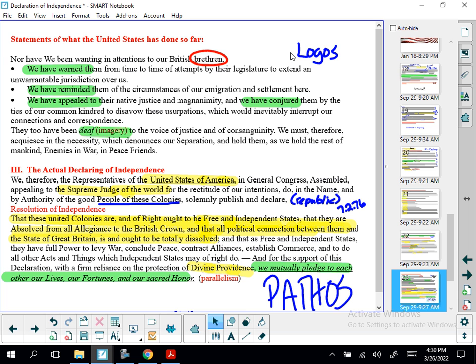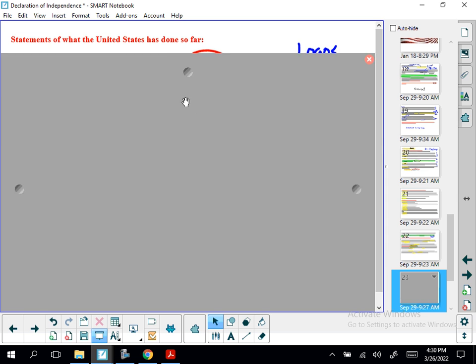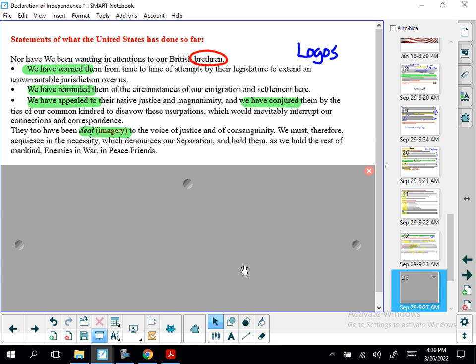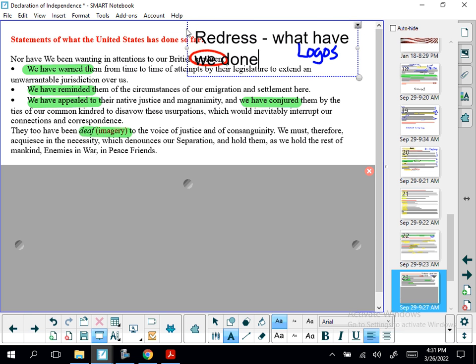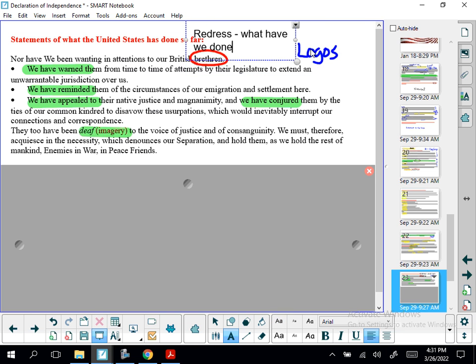But he does go back to the logos, because now we are starting to talk about the elements of redress. Remember that redress is what have we done so far? So now they're trying to tell us, hey, we've tried.